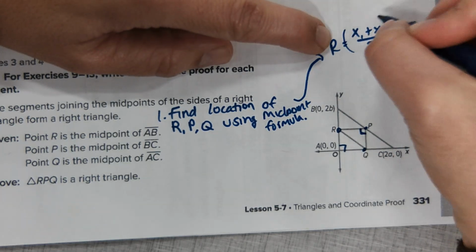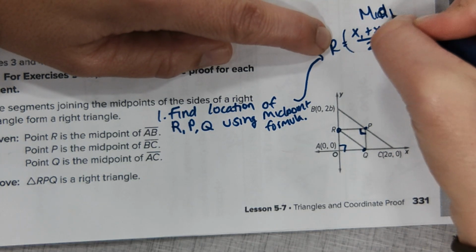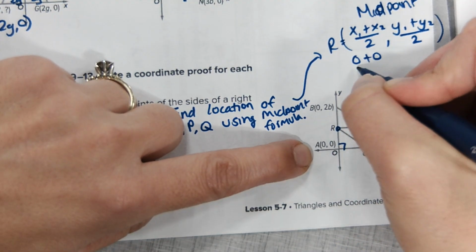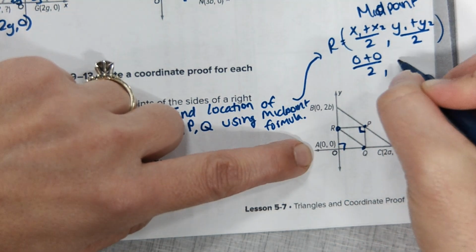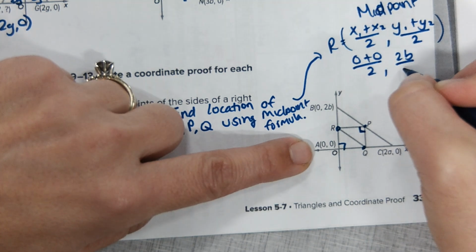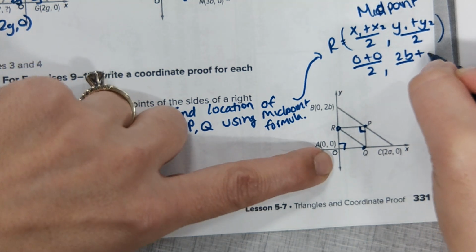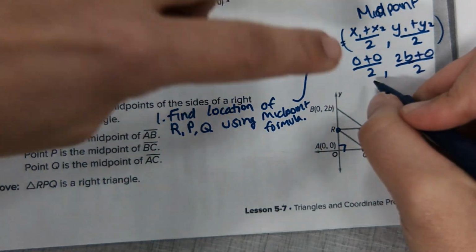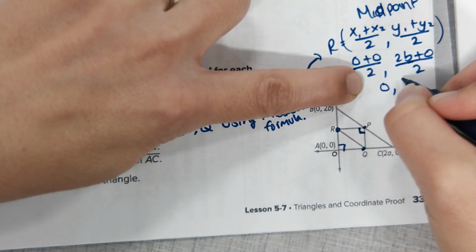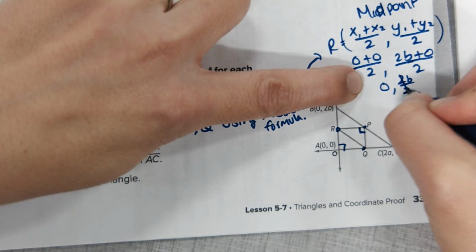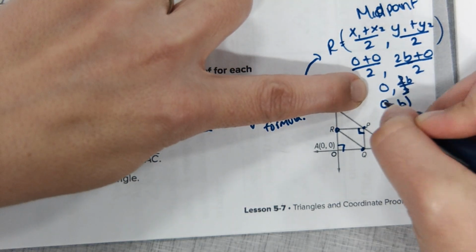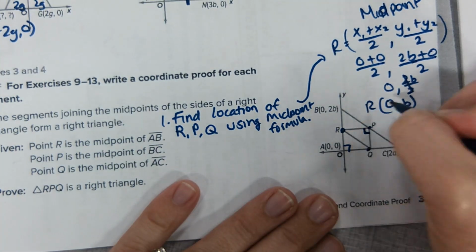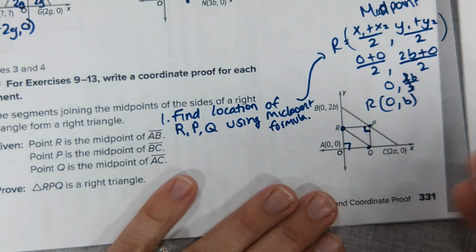That gives you midpoint. So it would be the x's, add the x's, 0 plus 0, divided by 2, add the y's, 2b plus 0, divided by 2. And you would get 0. 2b over 2 is just b, so 0, b. That would be R. So you could do that for each one of these.